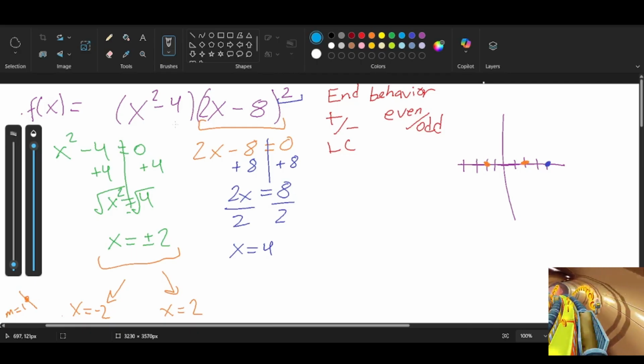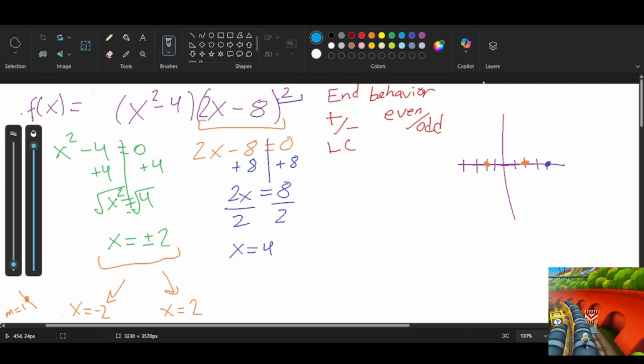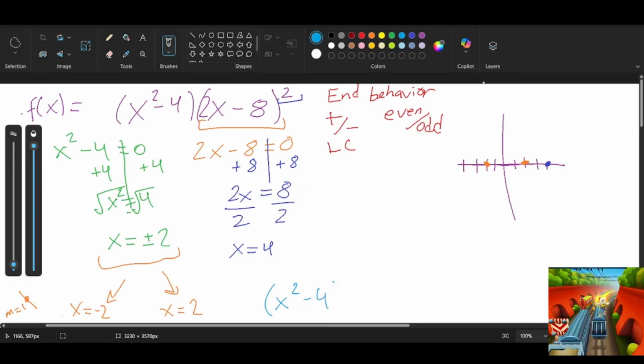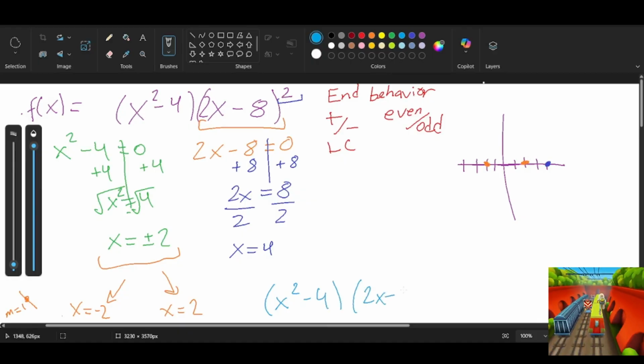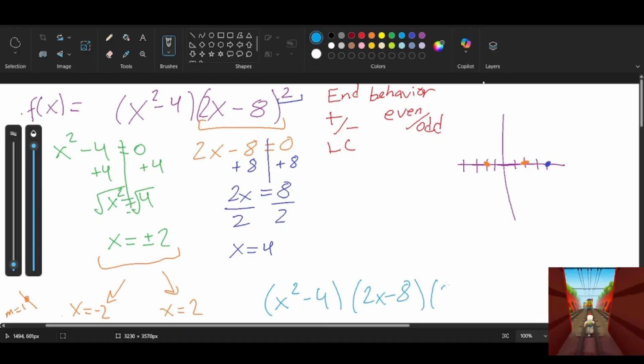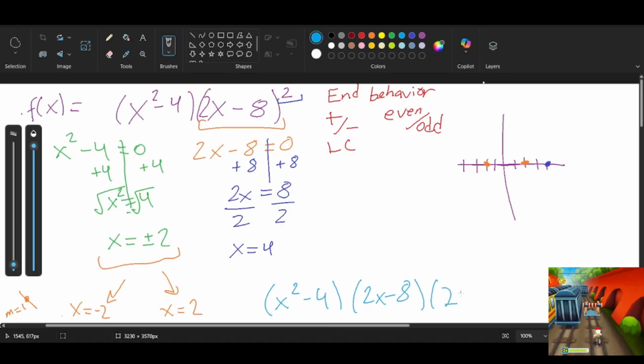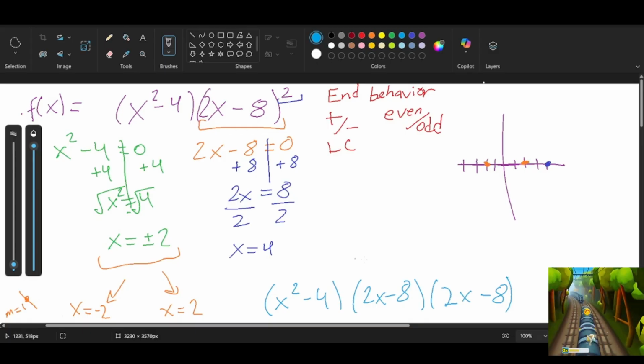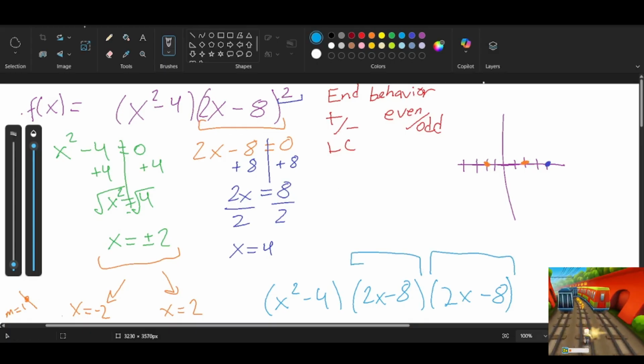So if I were to fully simplify this function, this is technically x squared minus 4 times 2x minus 8 times another 2x minus 8. That's what that multiplicity of 2 means, because we're multiplying the same thing twice.